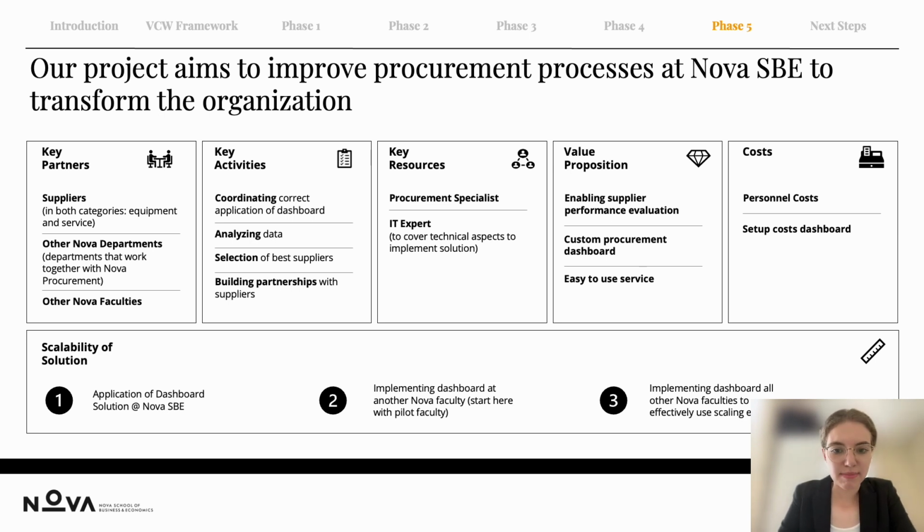And the last aspect we would like to emphasize here is the scalability opportunity of our project. First of all, the dashboard will be implemented at Nova SBE. Then in the second step, the dashboard will be implemented at one other Nova faculty. And then afterwards, we will roll it out to all the other Nova faculties. And doing so will actually lead to a massive scaling effect.